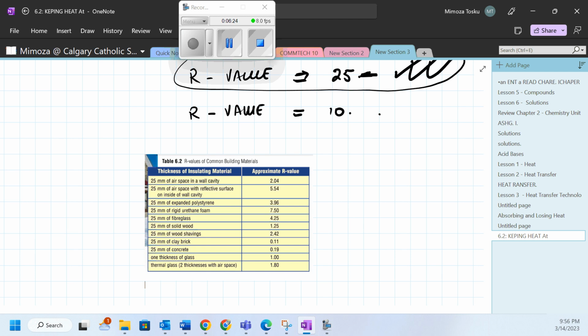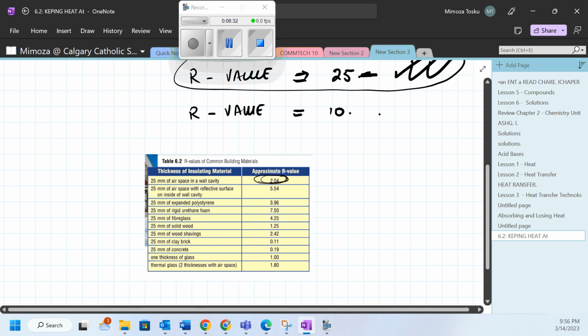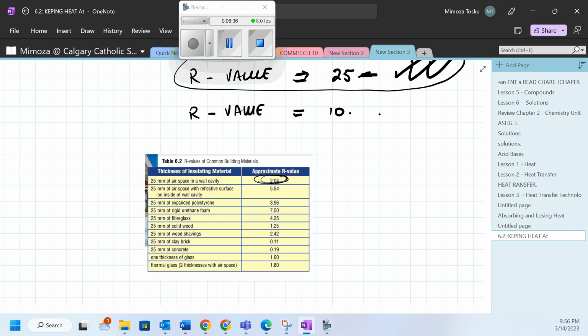You will see that the 25 millimeters of airspace in wall cavities has an approximate R value of 2.04, in comparison with 0.25 millimeters of airspace with reflective surface inside of the wall cavity that has an R value of 5.54.